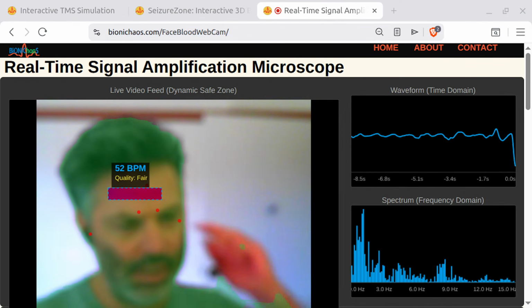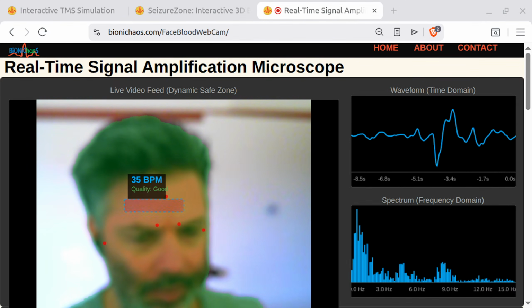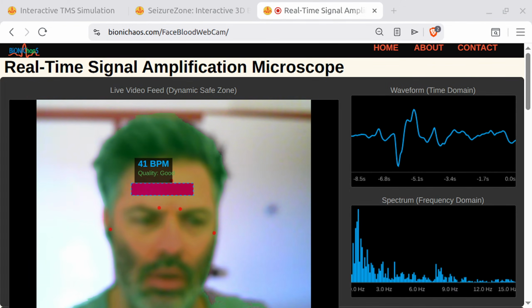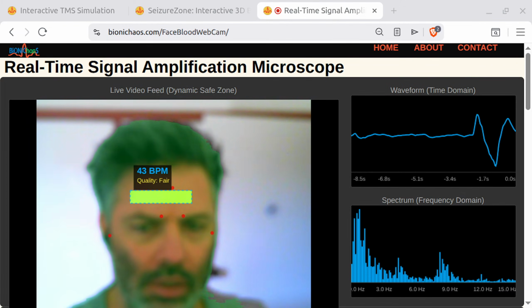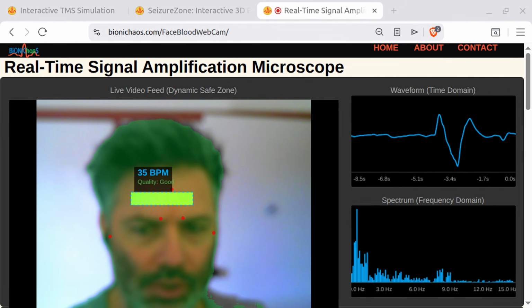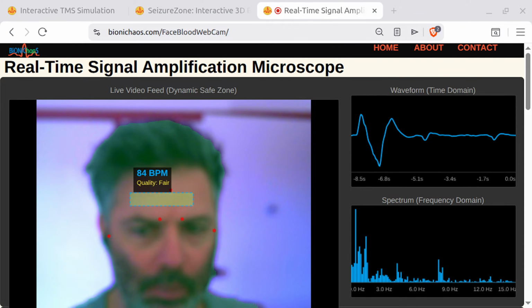I think the blurriness should not make it better or worse, but contrast, brightness, color saturation, white balancing.